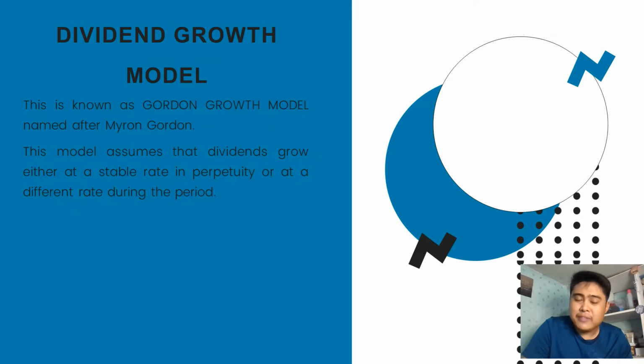Tama, kasi ang preferred stockholders ay nakakatanggap ng fixed return. So kung ang total dividends lumalaki at ang dividends ng preferred stockholder ay constant, ibig sabihin, yung tira na para sa common equity or sa common stockholders ay lumalaki rin. So yun ang assumption o dun galing ang assumption ng dividend growth model.